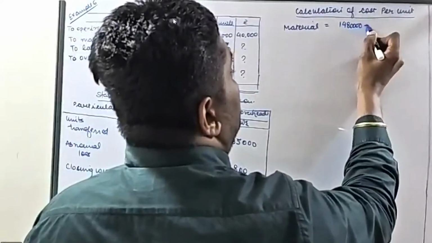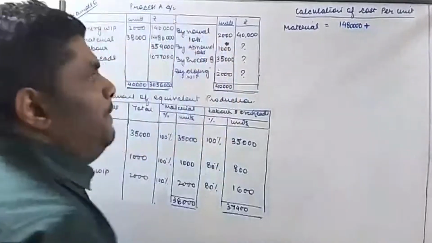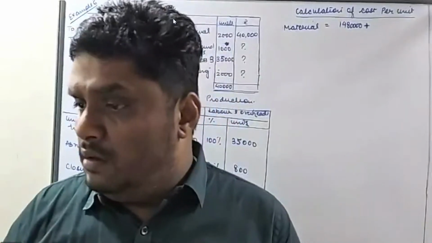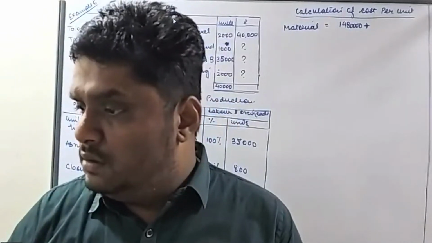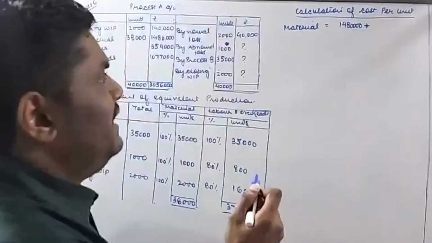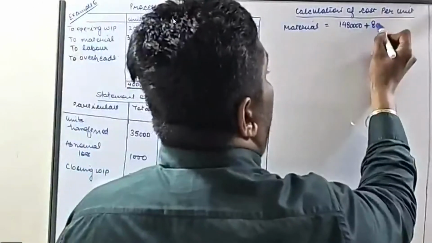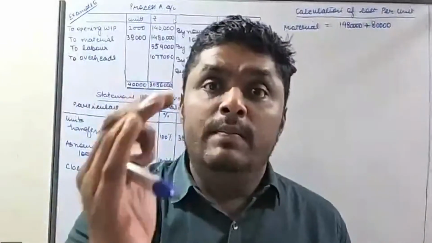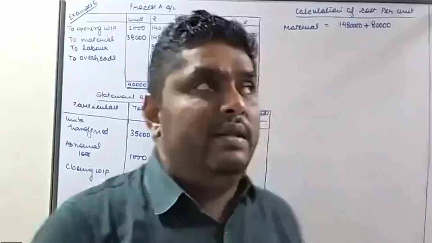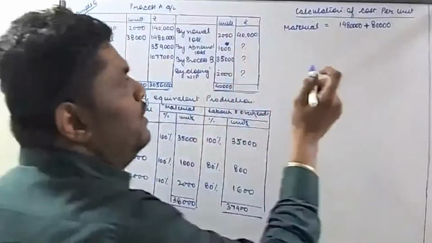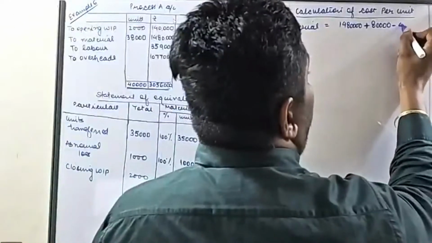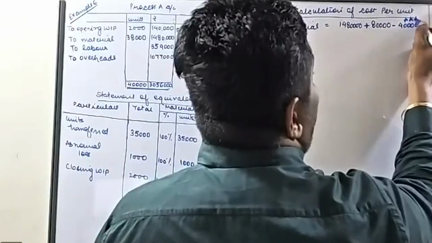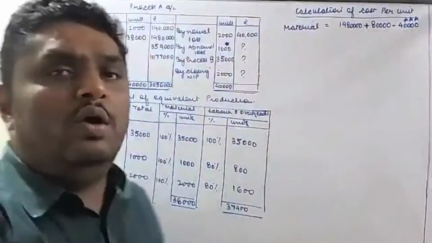So when talking about the current year cost, the material cost is 14,80,000 plus the previous year cost. Where is the previous year cost? Okay, previous year cost, it is 80,000. Now guys, very important. Maximum students make a mistake here. Very important. This scrap value is to be deducted from here. Marking it as triple star, guys. Do mark this in your notebook also.